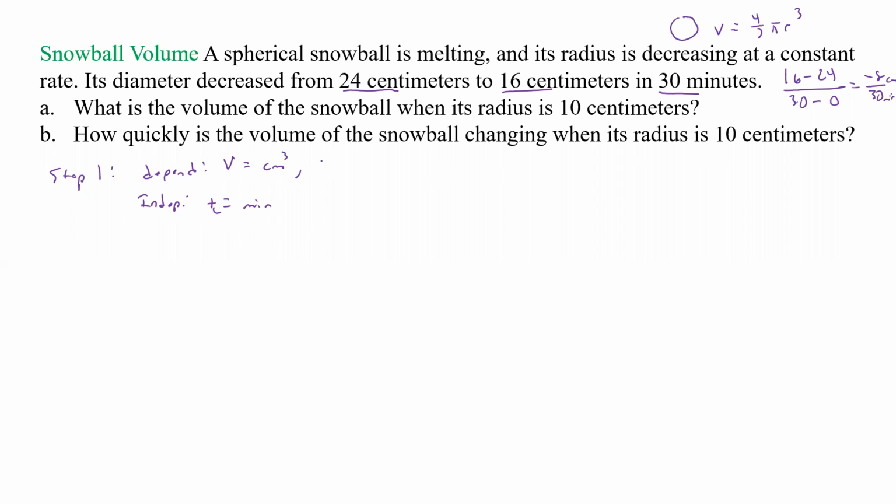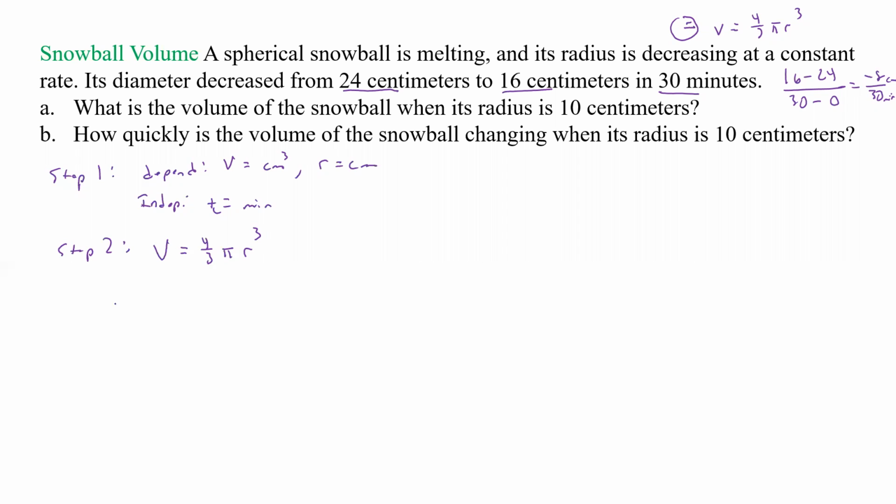And we're also going to have a radius, and that's in centimeters. Okay, that's because with the volume of a sphere, we have to have that radius, and then that's going to be the volume. And so with step 2, we can write everything into an equation. So that's volume equals 4/3 pi r cubed.